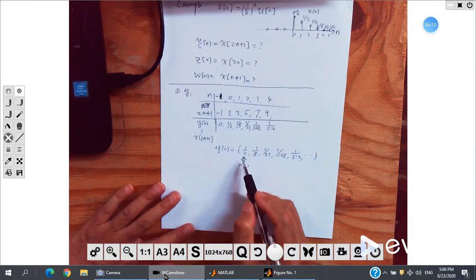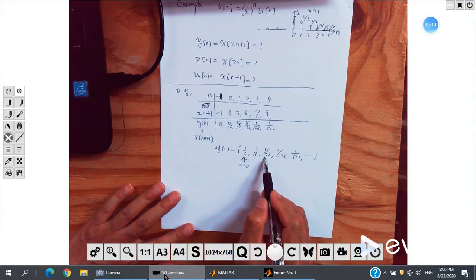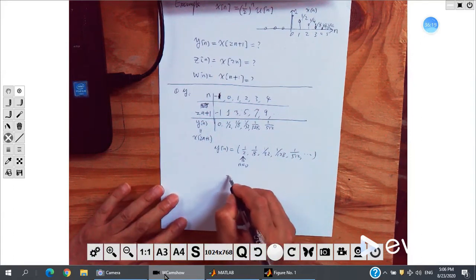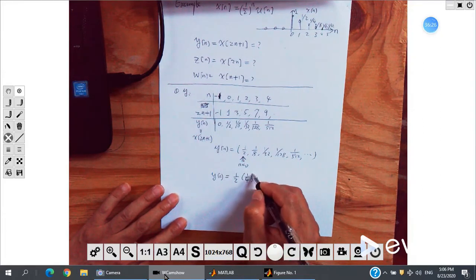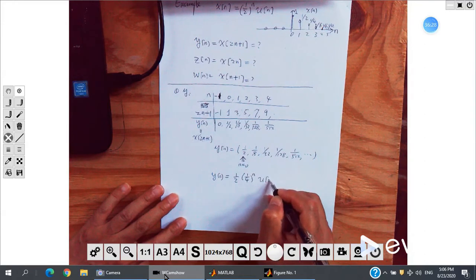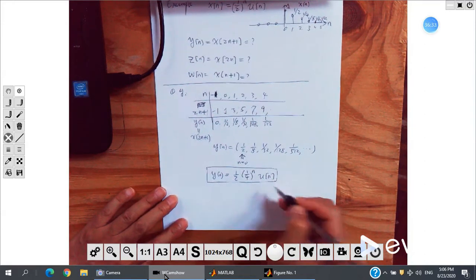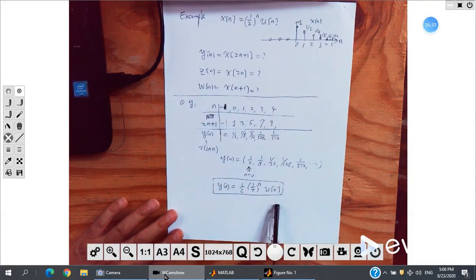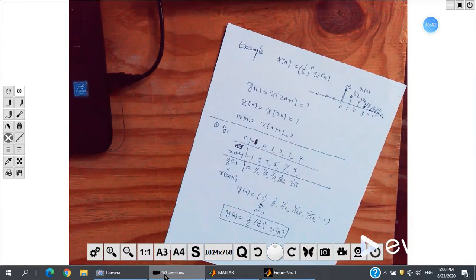It is a half, then an eighth, then 1/32. So every time you have 4 times smaller. So you can write y of n as the first number 1/2, times 1/4 to the n, and also you need a u of n. If you want to give a formula, it looks like this. This is y, the first one. And the second one.